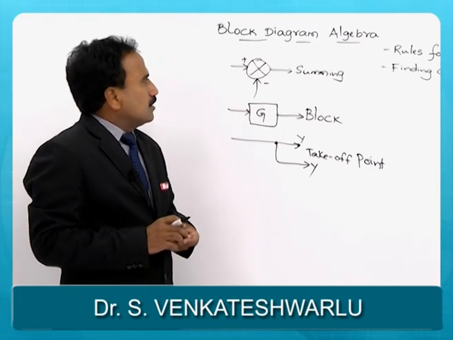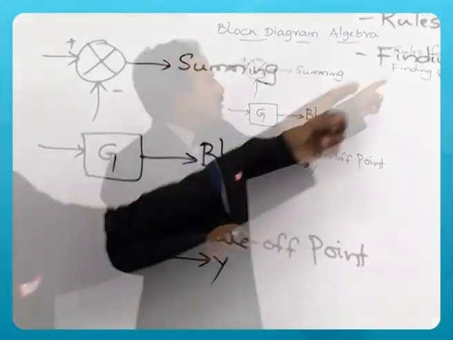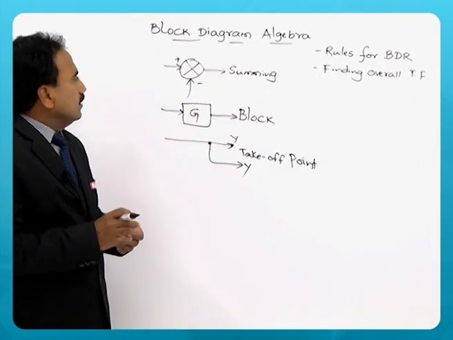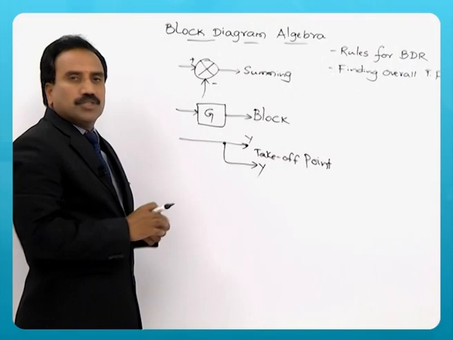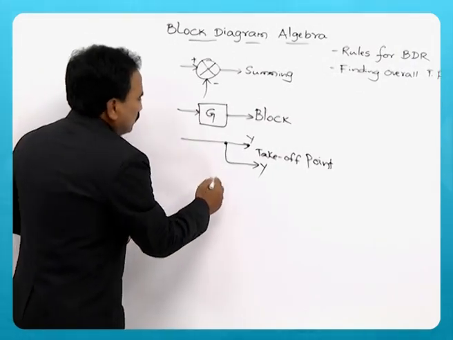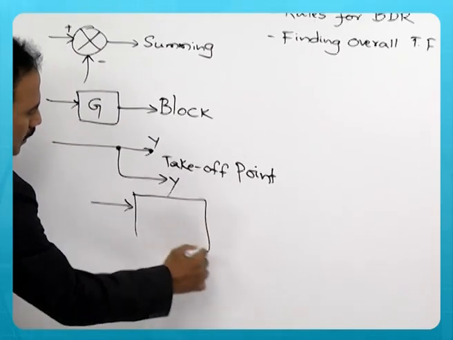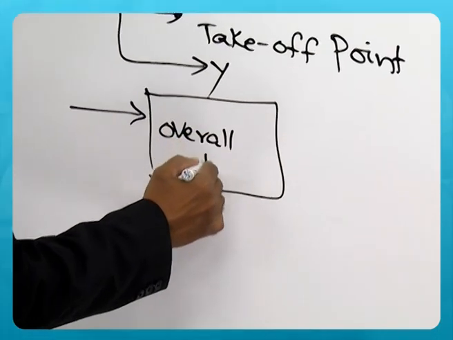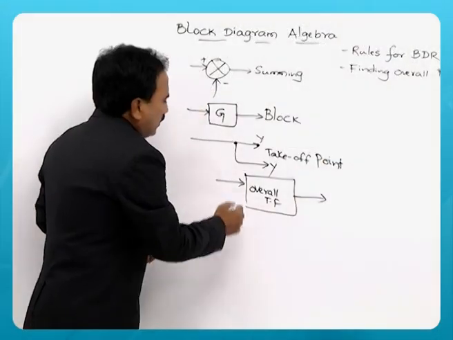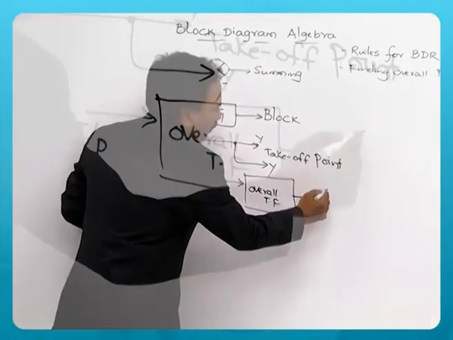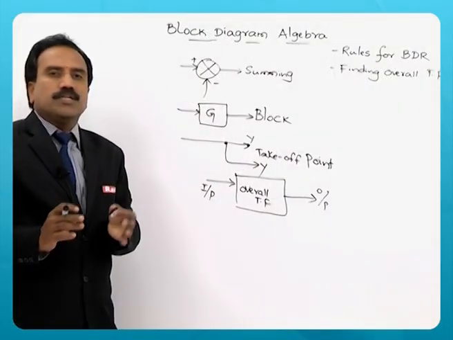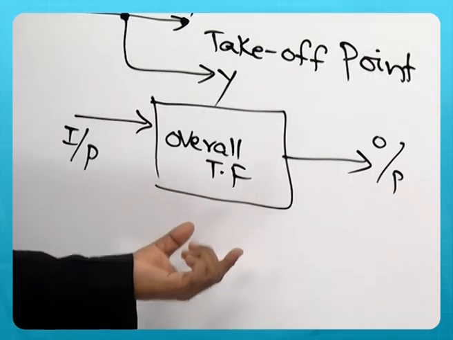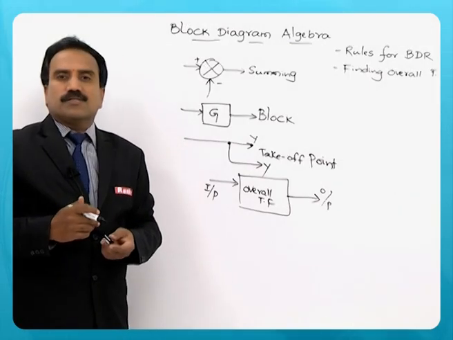So, I must use some rules for block diagram reduction, and ultimately any system having several such components, I will make into a single block. This is called the overall transfer function, and then it has only an input and an output. So, I need to reduce the given block diagram into a single block whose overall gain is represented in it, then I can do analysis.